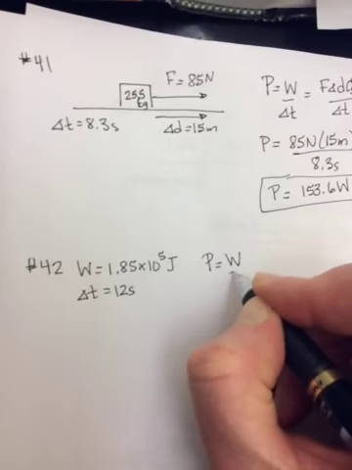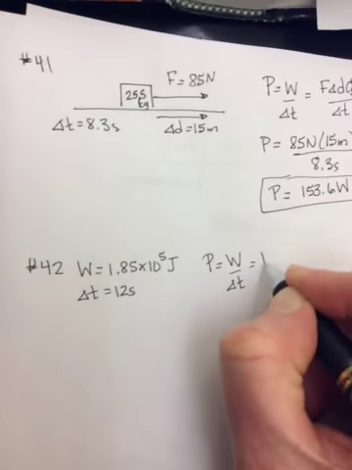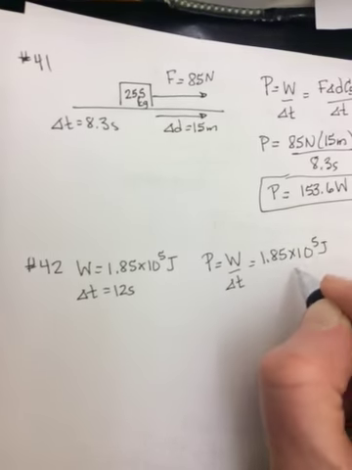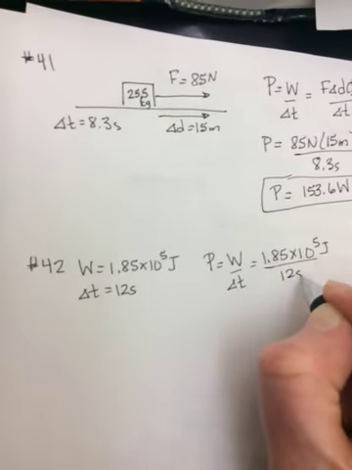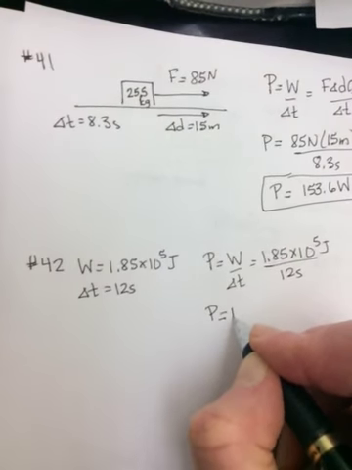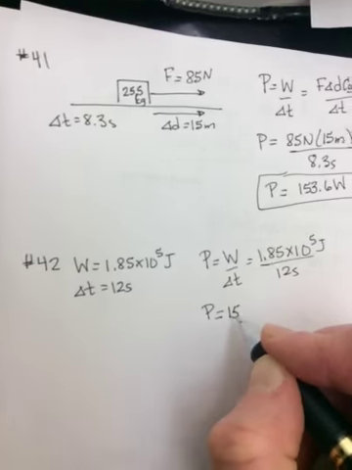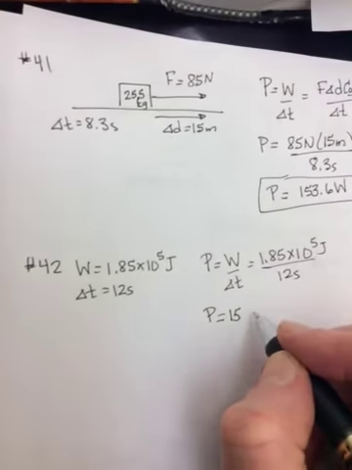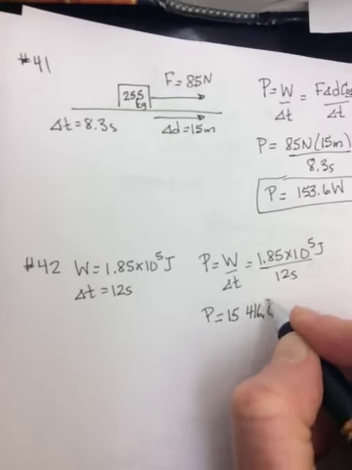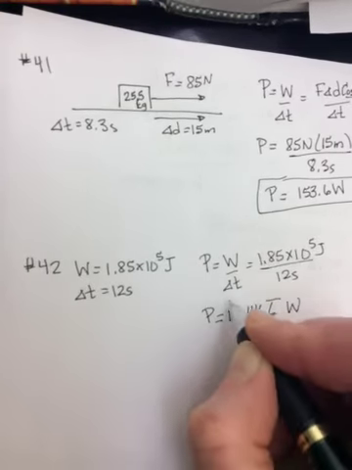So power is equal to work over time. So 1.85 times 10 to the 5th joules divided by 12 seconds. Power is equal to 15,416.6 repeating watts.